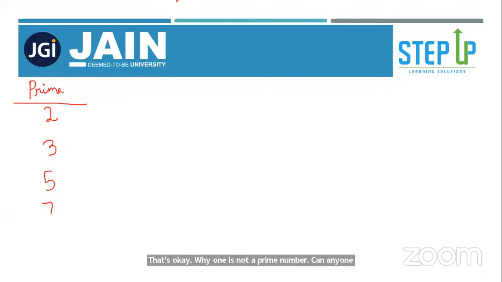Everything is divisible by itself, even 2, 3, 5, 7. One has only one factor. Okay, any other answer? Adnan is closer, but I cannot say it is right. Your term is missing. It is divided by itself.